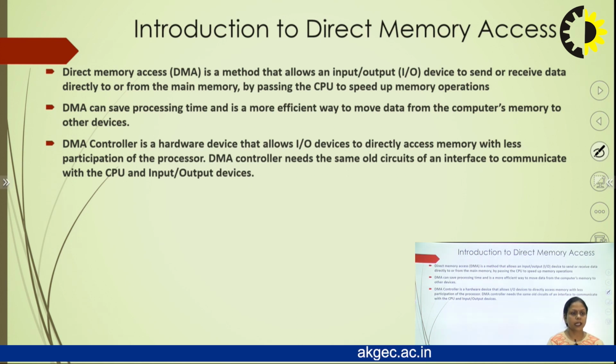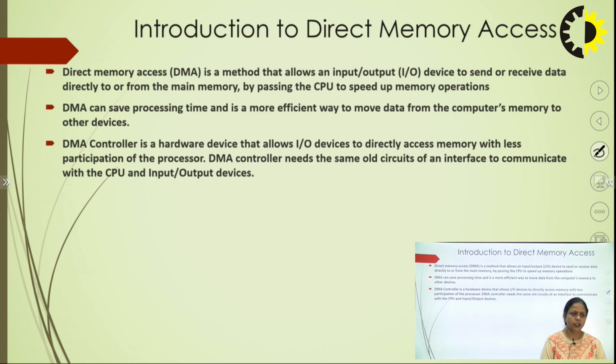The DMA controller is a hardware device that allows input output devices to directly access memory with less participation of the processor. It needs the same circuits of an interface to communicate with the CPU and input output devices. So, the DMA controller is hardware which actually performs the transfer between the main memory and input output device, and there is no participation of the CPU.